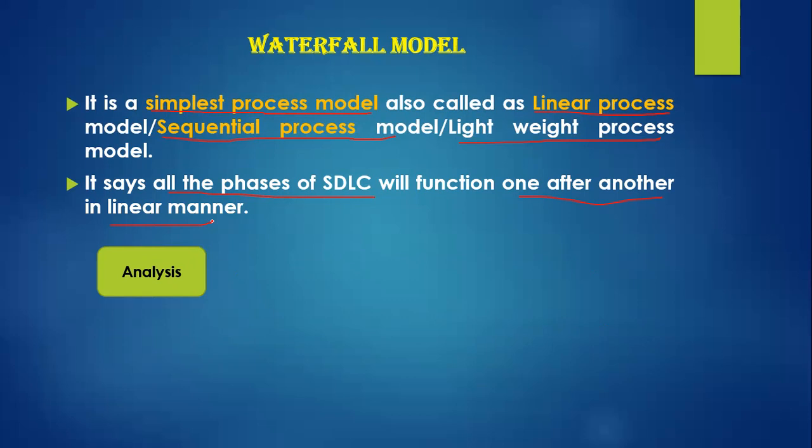You cannot include requirements in the later phases. After completion of the analysis phase, the next phase is design. In the design phase, from the input of the analysis phase, we create an architecture called the blueprint of our system.